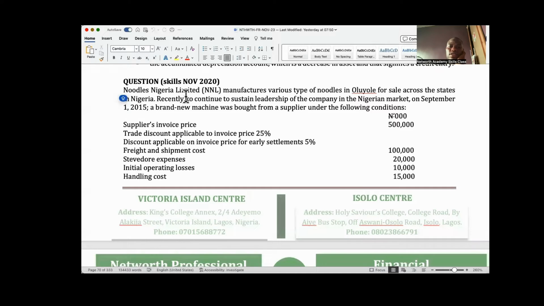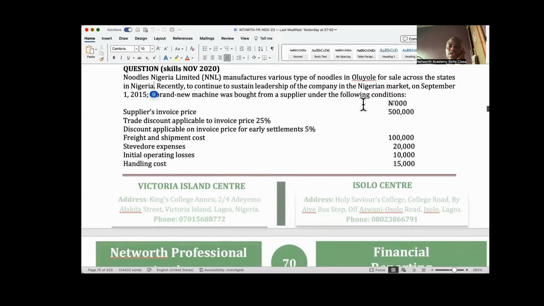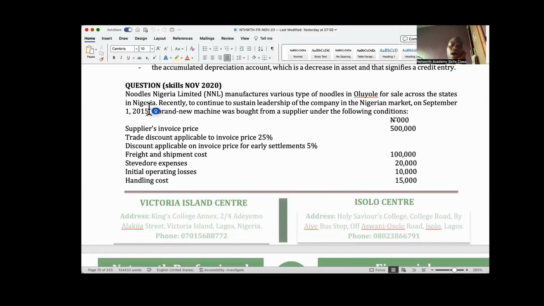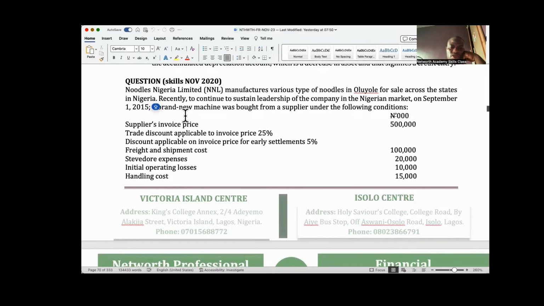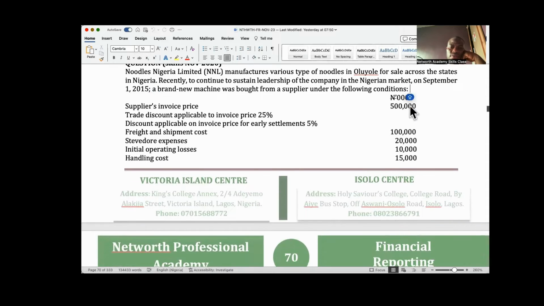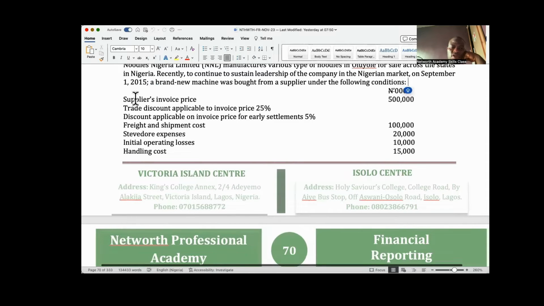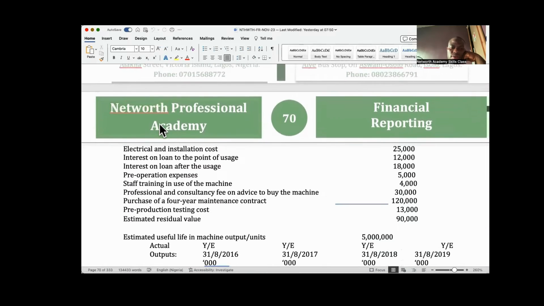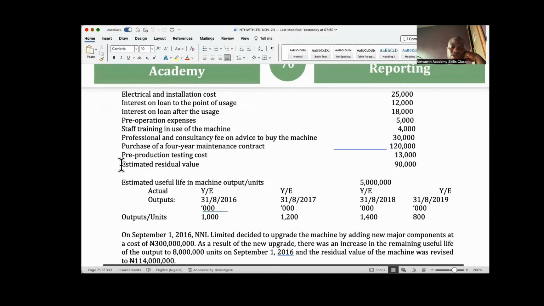Now it said recently, to continue to sustain leadership of the company in the Nigerian market, on September 1st, 2015, a brand new machine was bought from a supplier under the following conditions. So they gave us all of these figures up to the residual value.